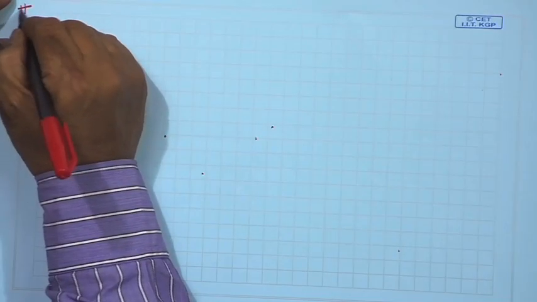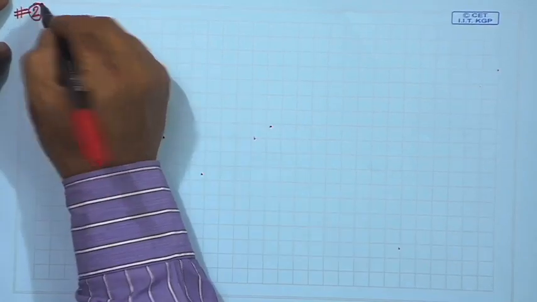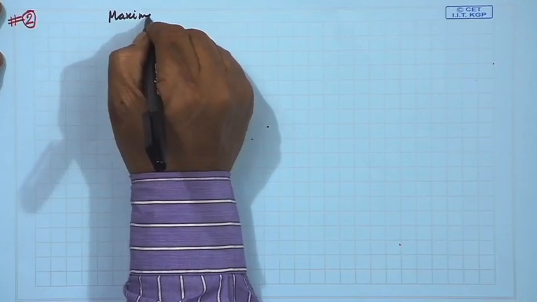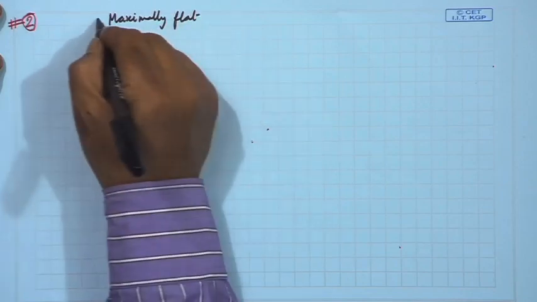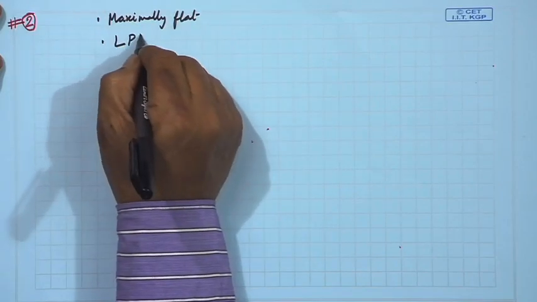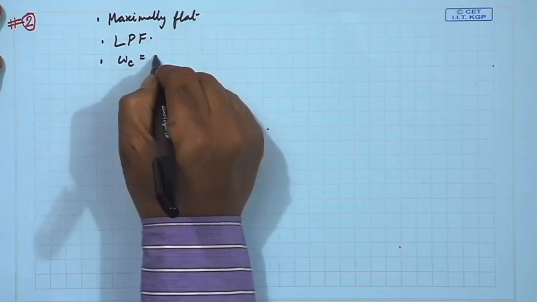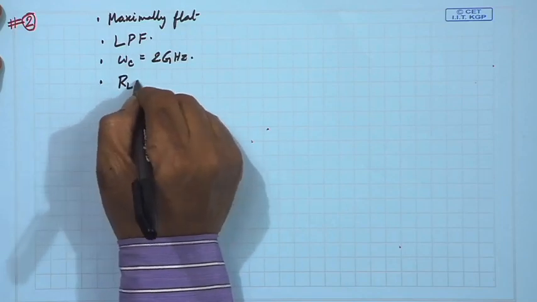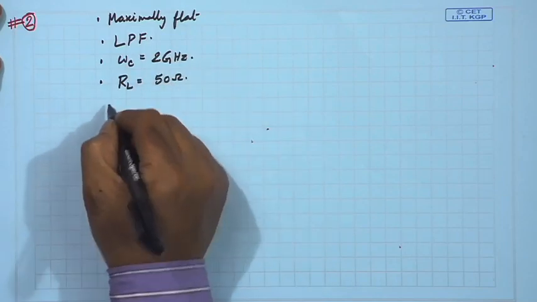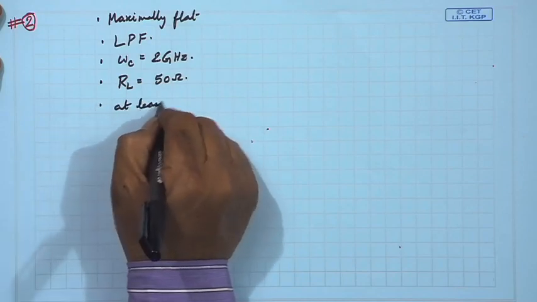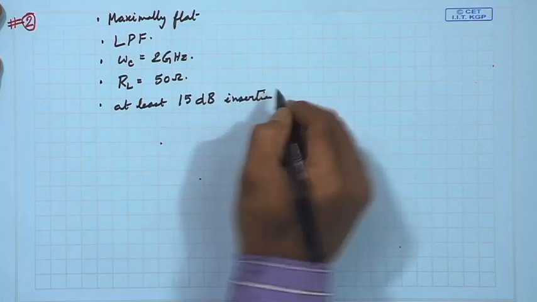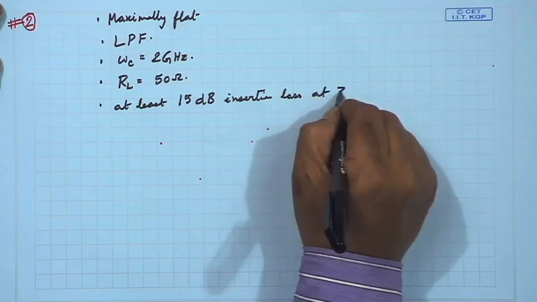Next one, let us say another problem. The specification is a maximally flat low pass filter, omega c of 2 gigahertz, load impedance 50 ohm, and at least 15 dB insertion loss at 3 gigahertz.